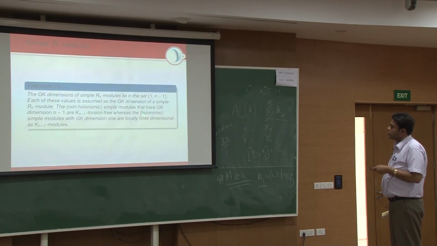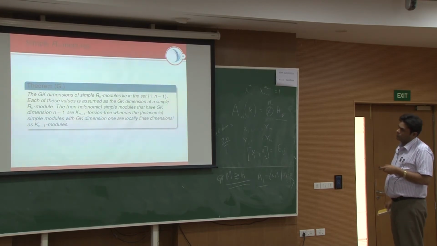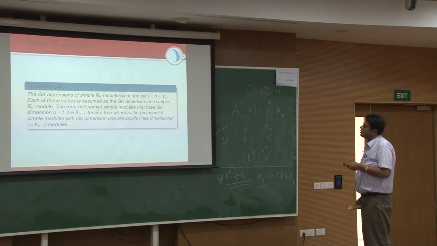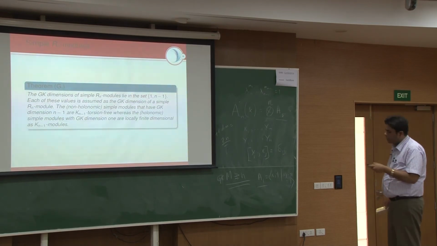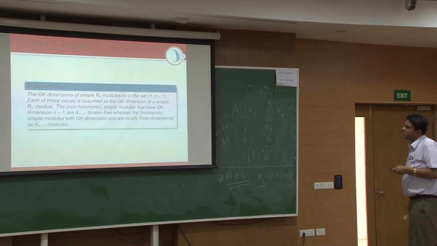And for each of these values, there is one simple module having that value. In between these two values, there is no simple module with that value. So if I say n is 4, n is 5, then this is 1 and 4, and if I take a value between those two, there does not exist any simple module with that value.